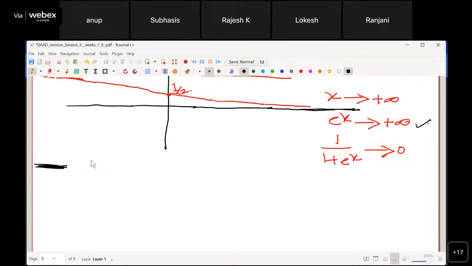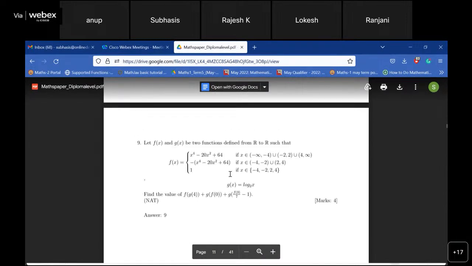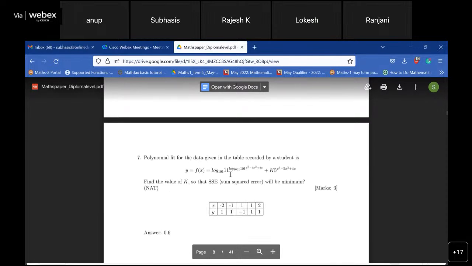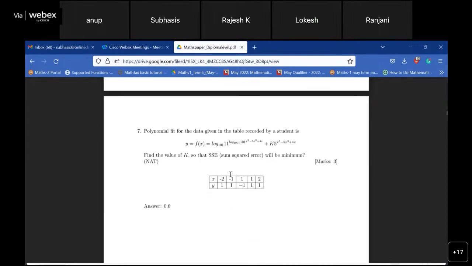Can you go to question 7? Okay. I don't need you to solve the SSE part, but can you just simplify y? Only just simplify y. Let me take a photo of this question.